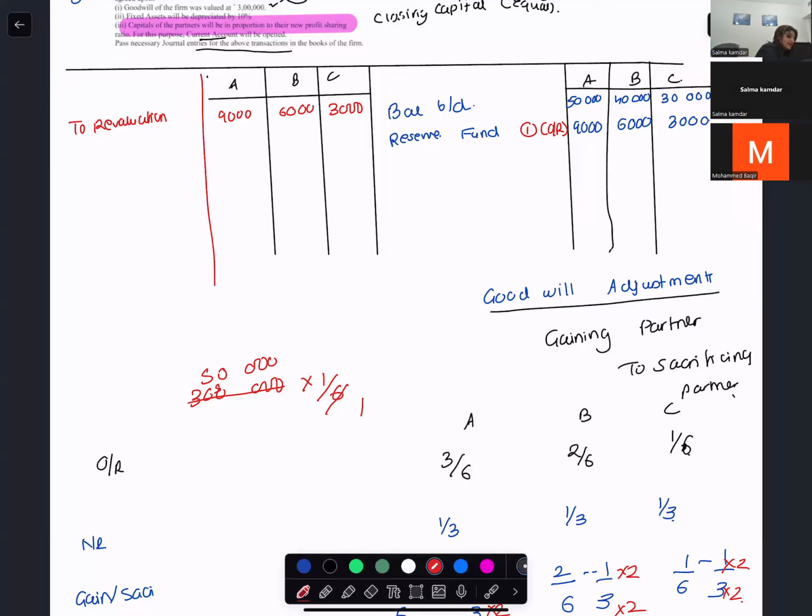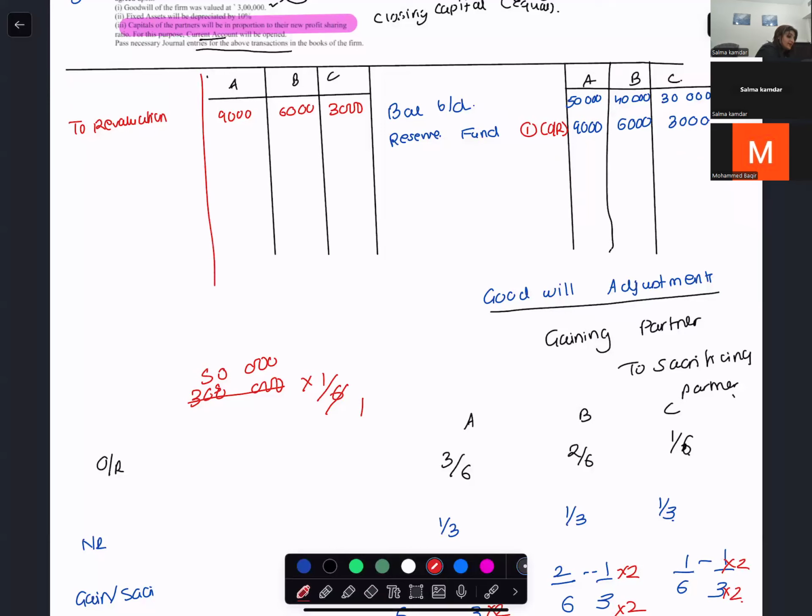Minus the total of the debit side: A's debit is 9,000, B's debit is 6,000, and C's debit is 53,000. 9,000 plus 6,000 plus 53,000 gives you 68,000. Are you with me? Total of the credit minus total of the debit, I have 120,000, which is my adjusted capital.